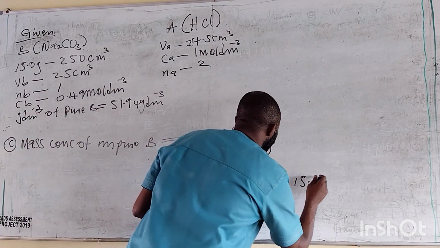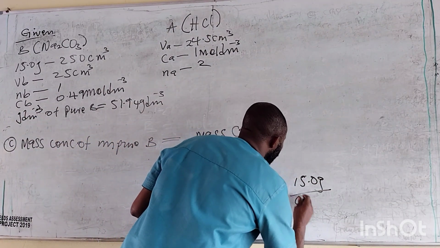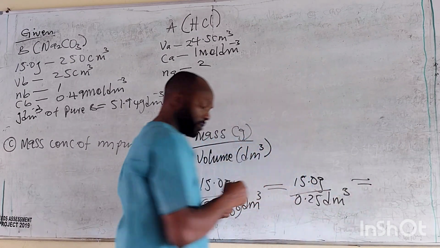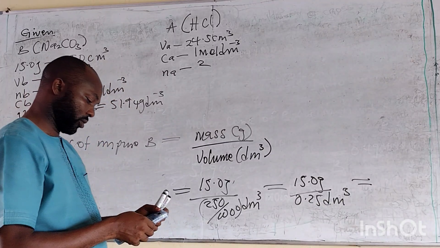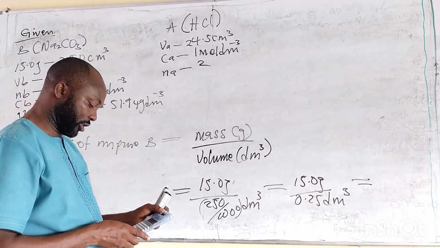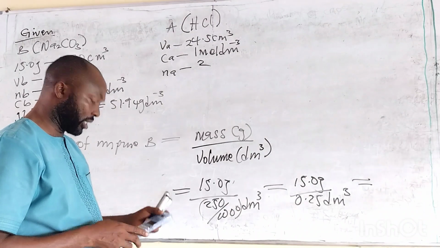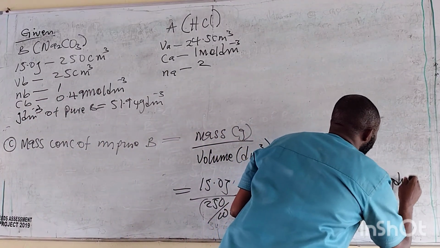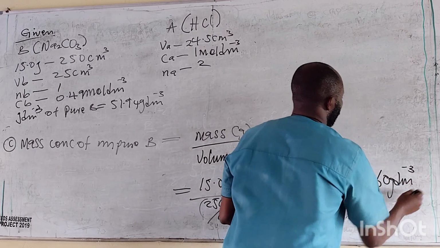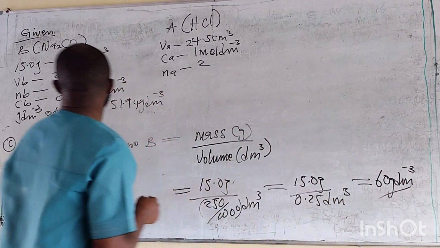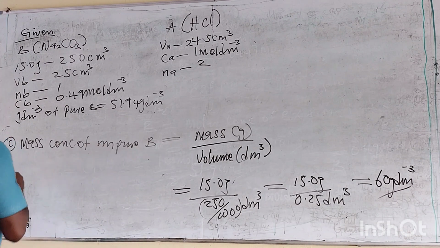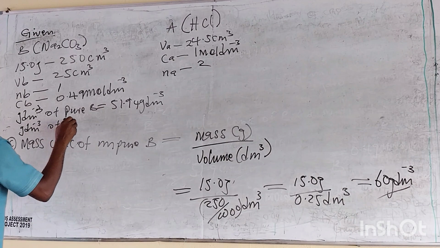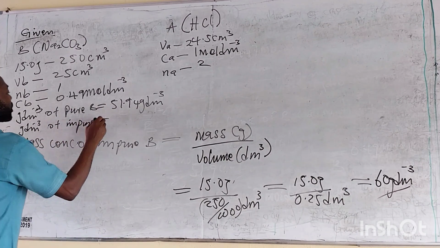So 15.0 gram over 0.25 dm cube is equals to 15 divided by 0.25, which is 60 g/dm cube. Okay, we have the mass concentration of impure now. The g/dm cube of impure is equals to 60.